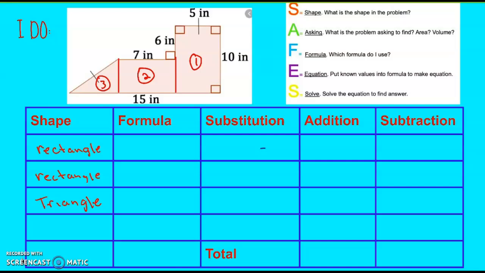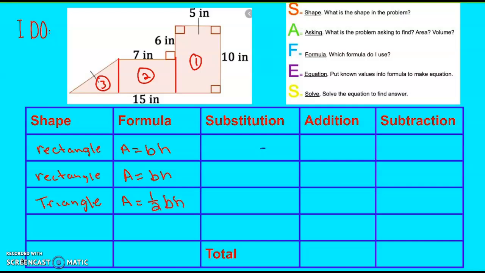They're available. You can either look at a formula chart, or you can actually type it into Google and search it up. So the area of a rectangle will be equal to base times height. The second one is no different. Area is base times height. And my third one is a triangle, which will be 1/2 base times height.